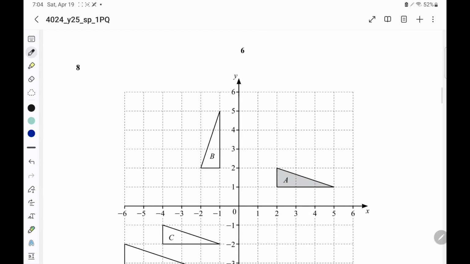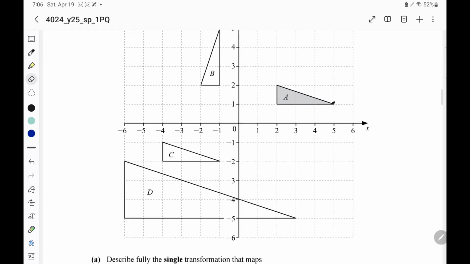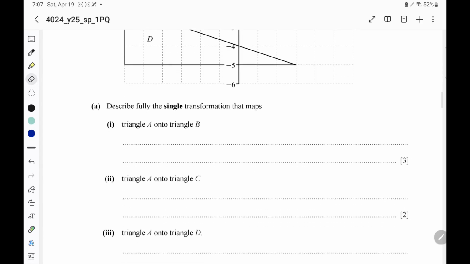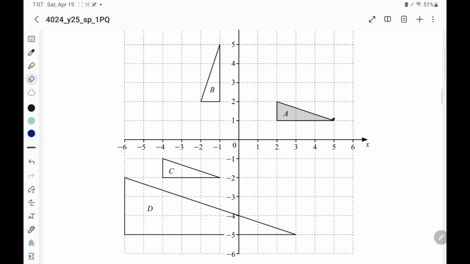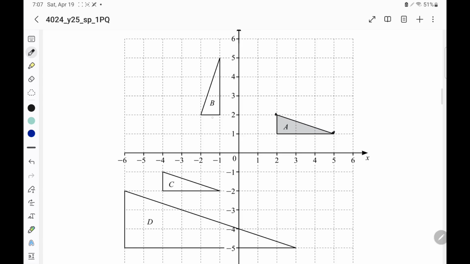Now question number 8. Describe fully a transformation question. Part 1 is of 3 marks. Describe fully the single transformation that maps triangle A onto B. So we are going to check this one. If I join the corresponding points, 2, 2 will become minus 2, 2.